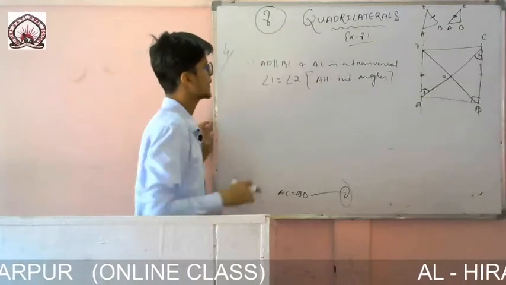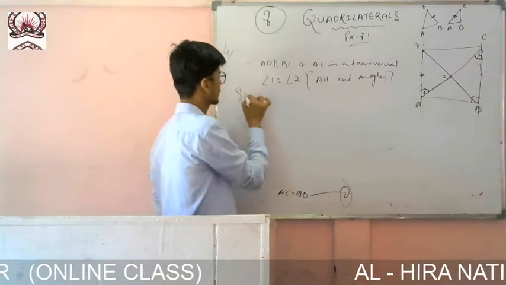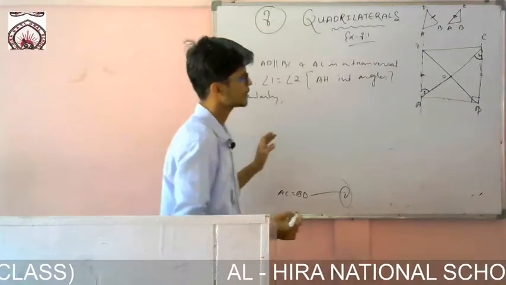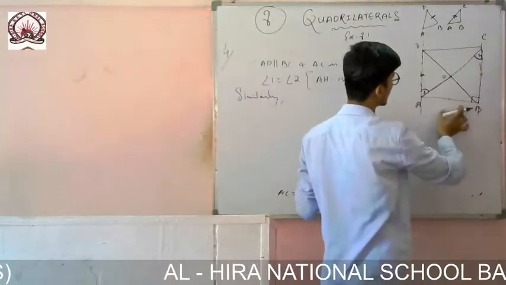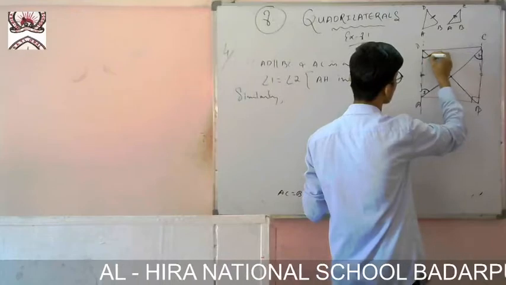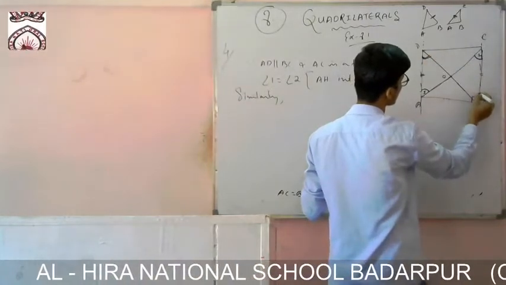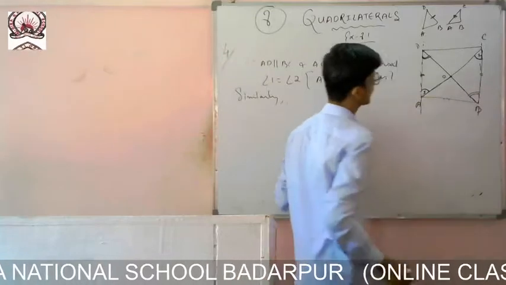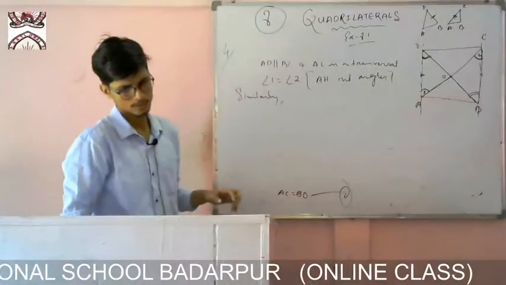Similarly, if I go to the other side, this side is parallel to this one and this is a transversal, so I can say that this angle is equal to this one.